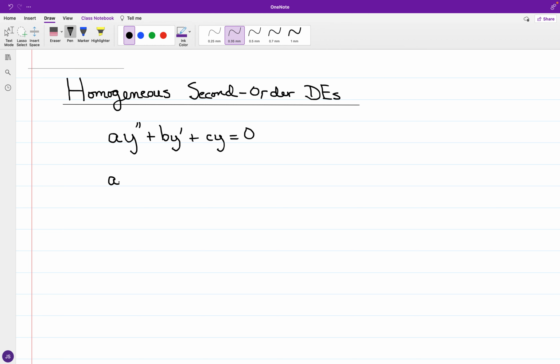So we have a d squared y over dx squared, plus b dy over dx, plus c times y is equal to 0.